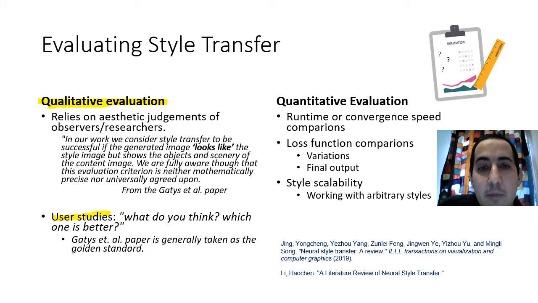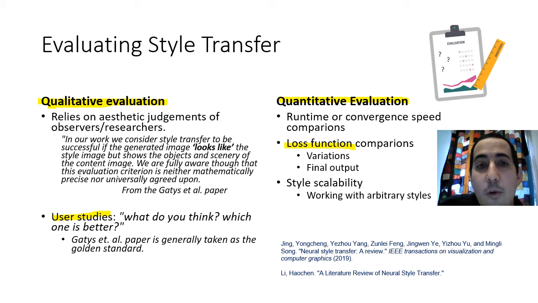Quantitative evaluation metrics compare runtime or convergence speed. In addition, they may look at the loss function. However, the values of loss function outputs may not always be a good indicator of output image quality.